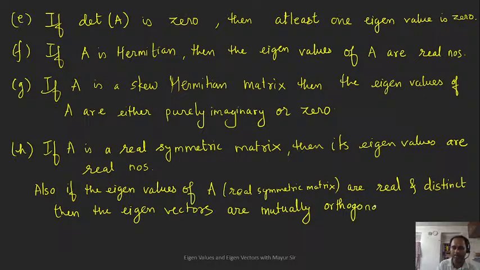What does it mean? It means that their dot product is going to be 0. We will see that kind of question when it comes. Right now we will just make a note of this, because this is how all things have come up.